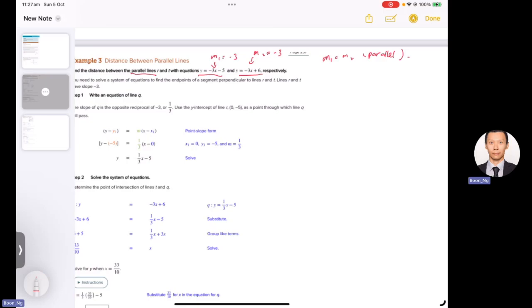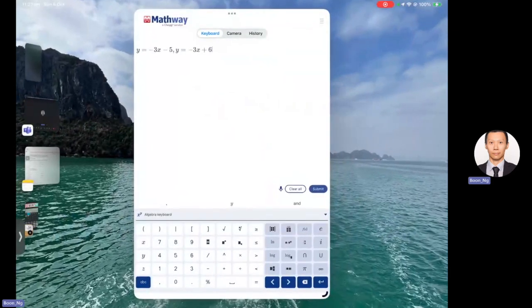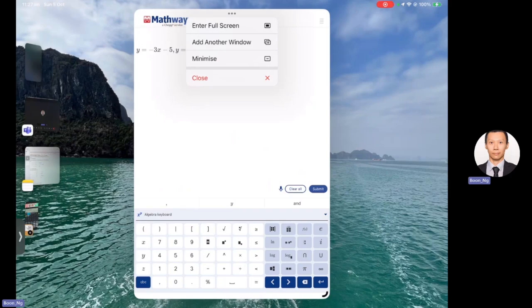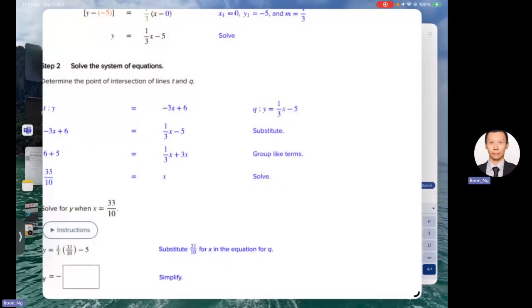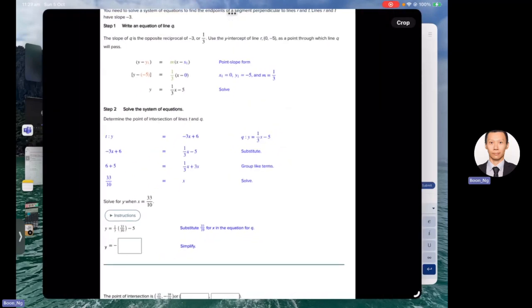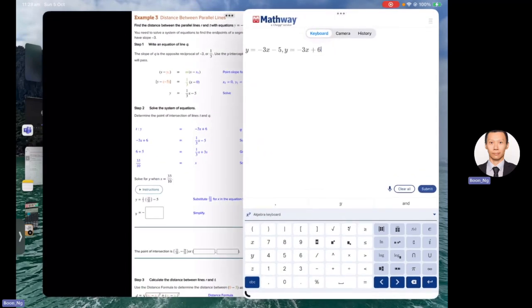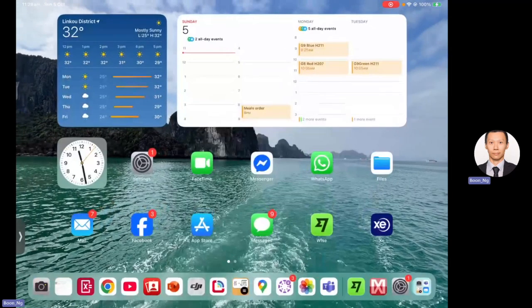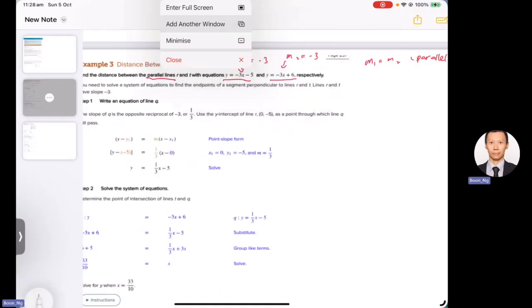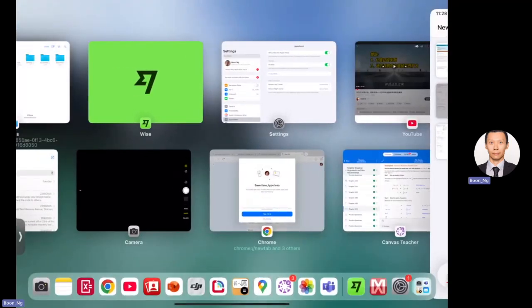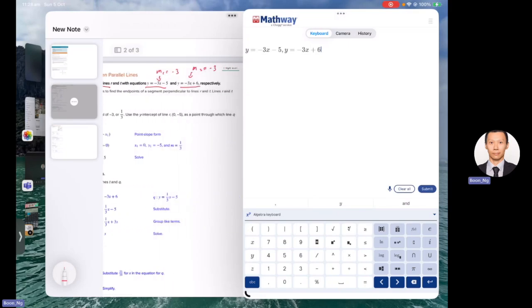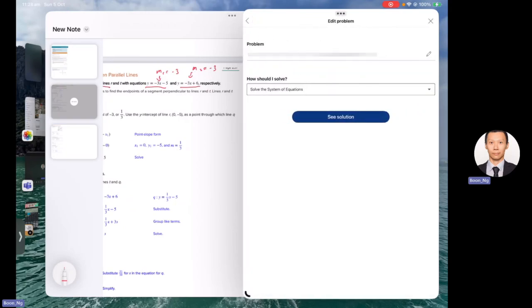Now, let me use Mathway to show you. So by putting the two equations into Mathway, you can understand how these two lines look.